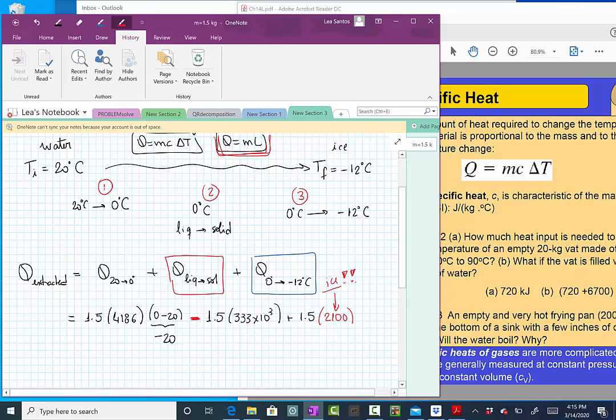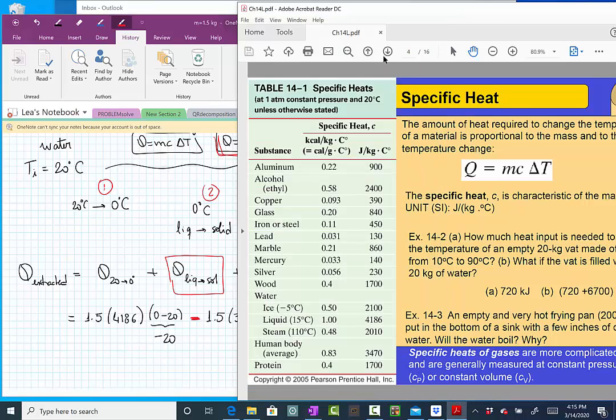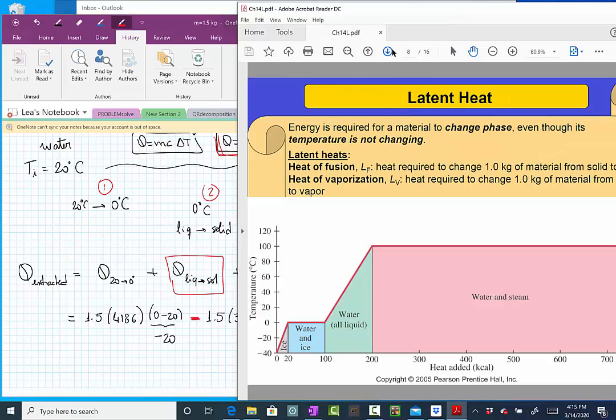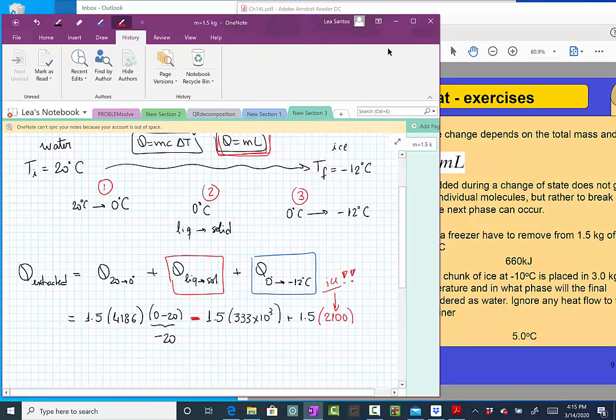Well, let's go back to our problem. What remains to put here is the change in temperature. The final temperature is minus 12 and the initial is 0, so this number here is minus 12. Be very careful. There are many important steps here. There is the story of the specific heat: once we change phase, the specific heat also changes.